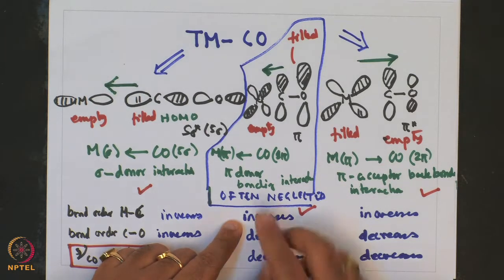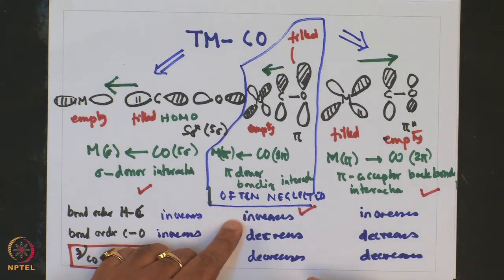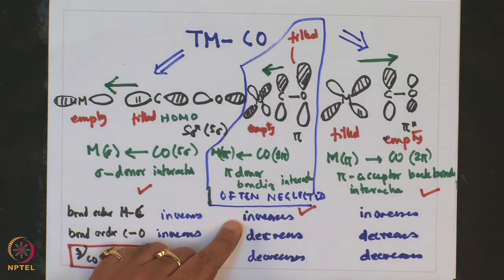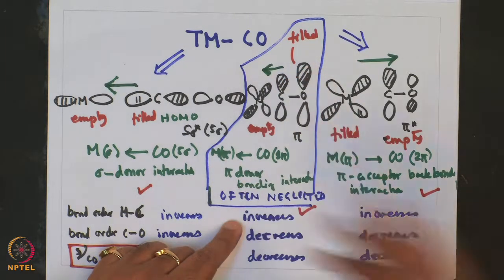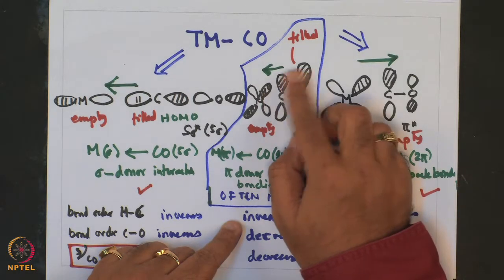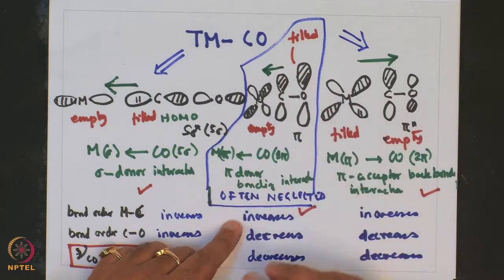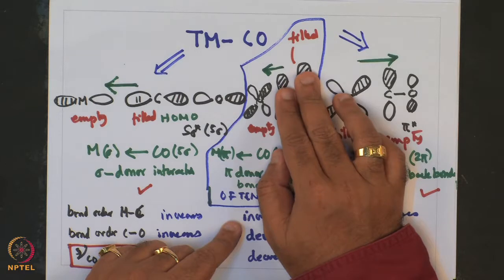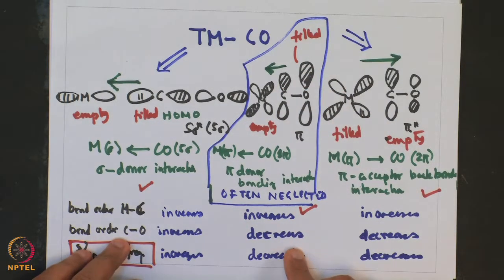But these are more important when it comes to sigma pi kind of bridging modes, where the pi orbital gets engaged with a metal pi type empty orbital and donates its pi electron cloud onto the metal vacant pi orbital. As a result, since the electron density of the bonding pi orbital is given to the vacant metal d orbital of appropriate symmetry, the pi bond weakens, and as the pi bond weakens, the CO bond order decreases and CO stretching frequency decreases.